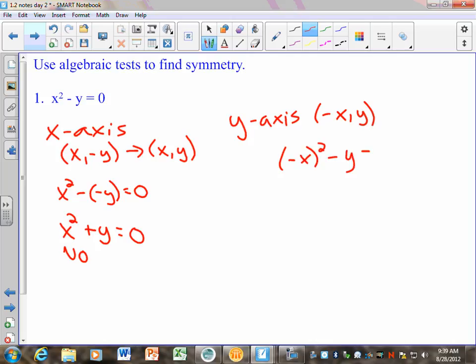Y isn't going to change because I'm not changing y. And do I get back the same thing? Negative x squared, isn't that just x squared? Yes? And because that equals exactly what I started with, that means that this is symmetrical with the y-axis.